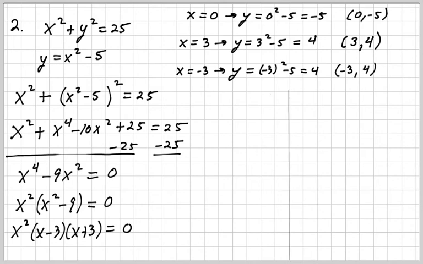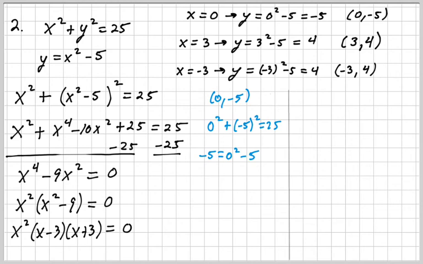Now we should check to make sure that these work out in our equations here. So 0 and negative 5. Does 0 squared plus negative 5 squared equal 25? Yes, negative 5 squared is 25, so that works out. And then does negative 5 equal 0 squared minus 5?